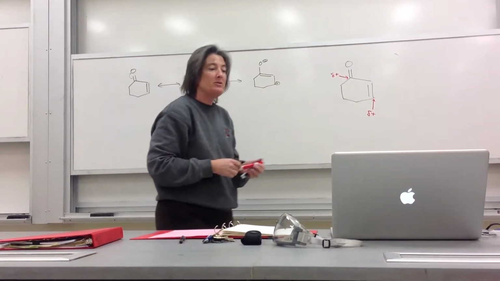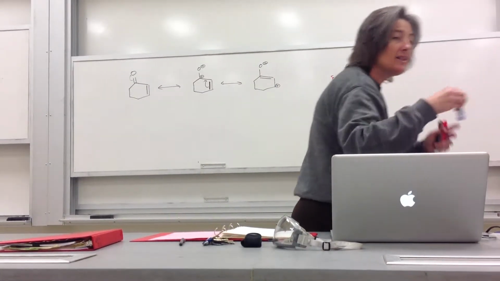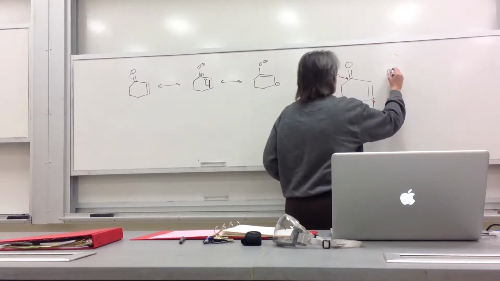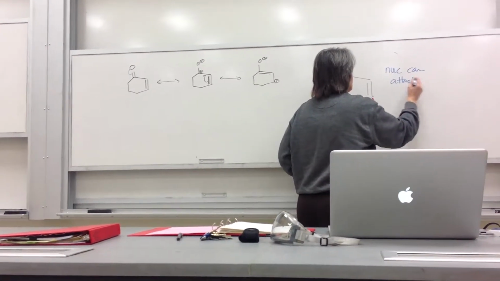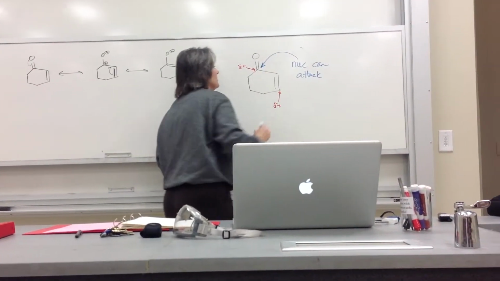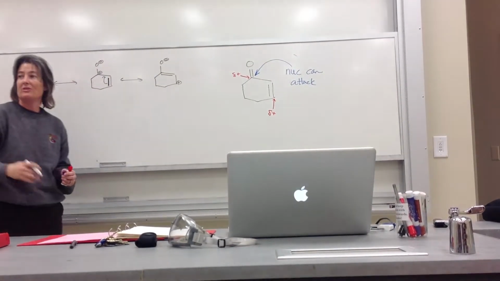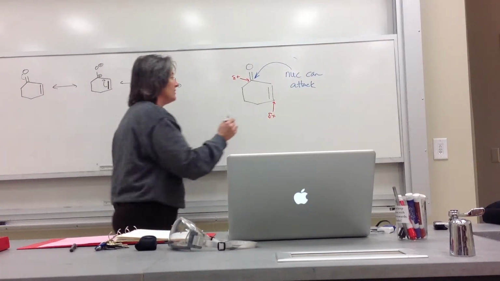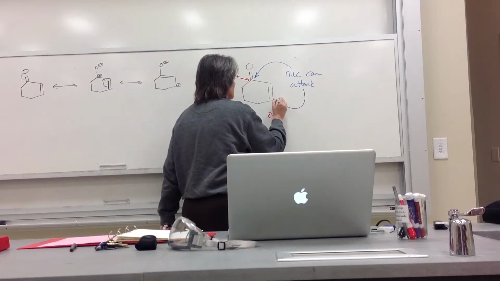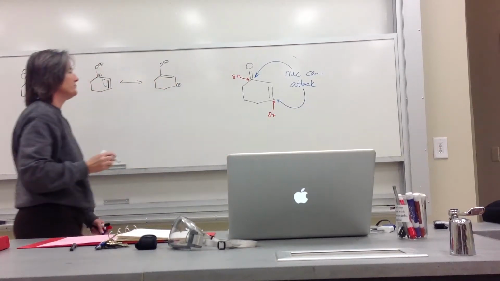So when I throw in a nucleophile, things can get kind of interesting. The nucleophile can attack here, which we're used to. Grignards did it, OCH3 did it. But now, it can also attack there.